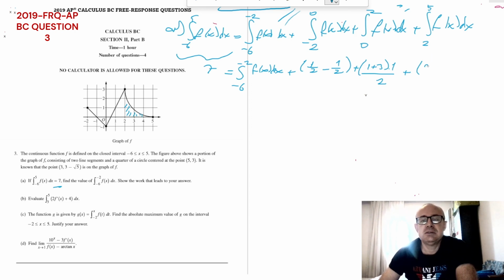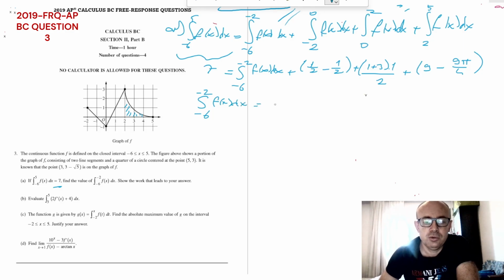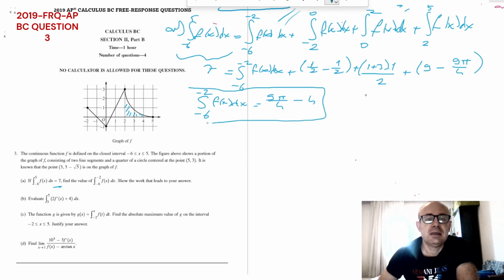The area of the square is 9 and the area of the quarter circle is 9 pi divided by 4, of course. And after the evaluations, the answer will be 9 pi divided by 4 minus 4. This is the answer for part A.